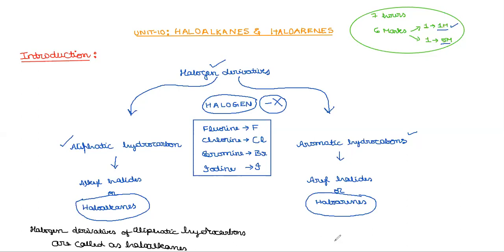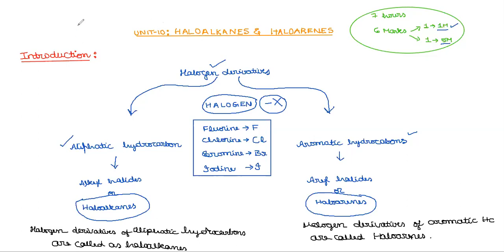Similarly, the halogen derivatives of aromatic hydrocarbons are called haloarenes or aryl halides. So this is the proper definition regarding the haloalkanes and haloarenes.